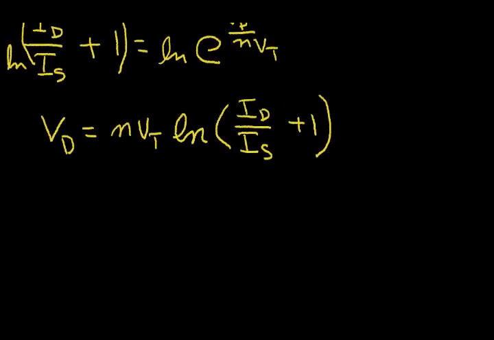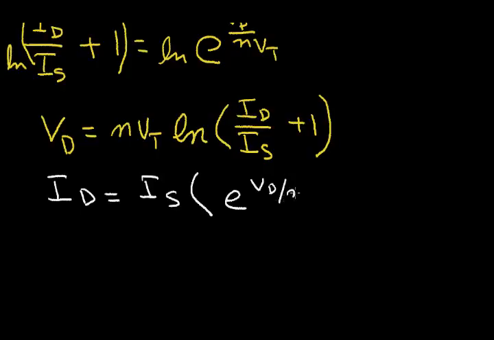Now let's also repeat the equation for the diode current here. So the diode current is equal to I sub S times e raised to the V sub D divided by N V T, minus 1.